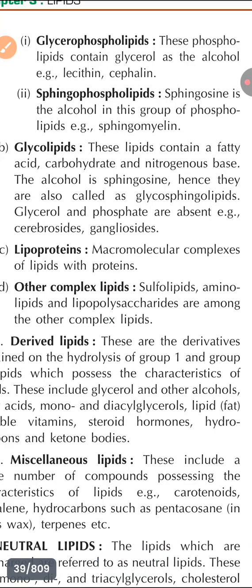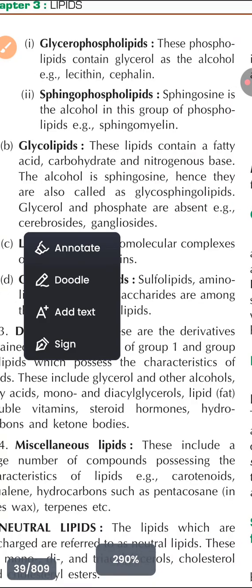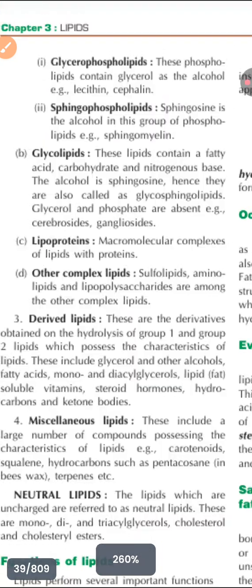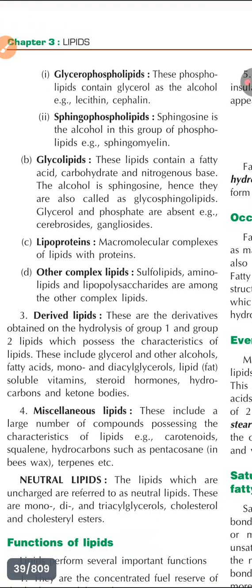Then we have glycerophospholipid under phospholipid. We have sphingophospholipid also under phospholipid. For glycerophospholipid, they contain glycerol as alcohol.